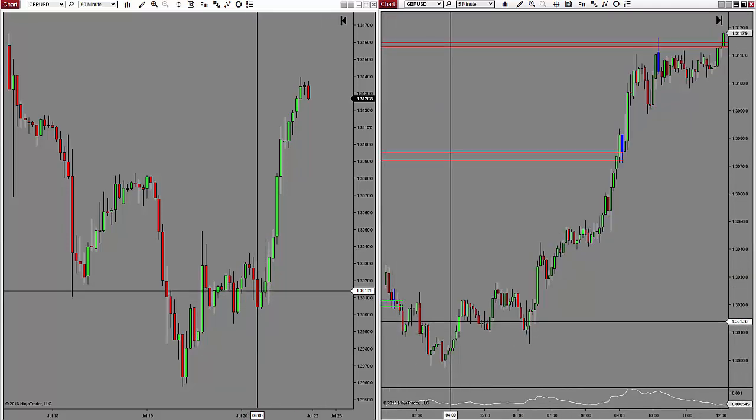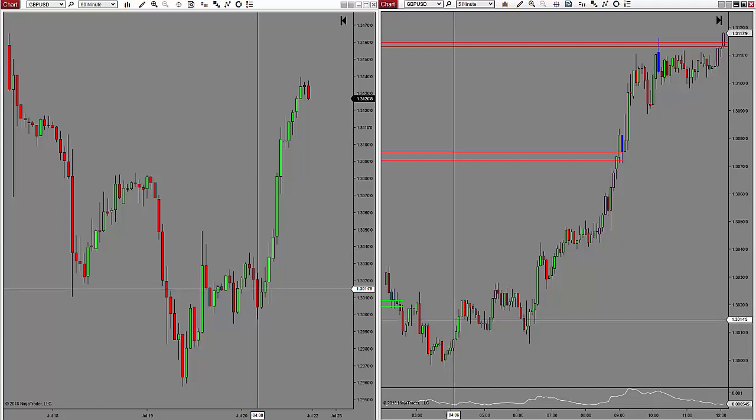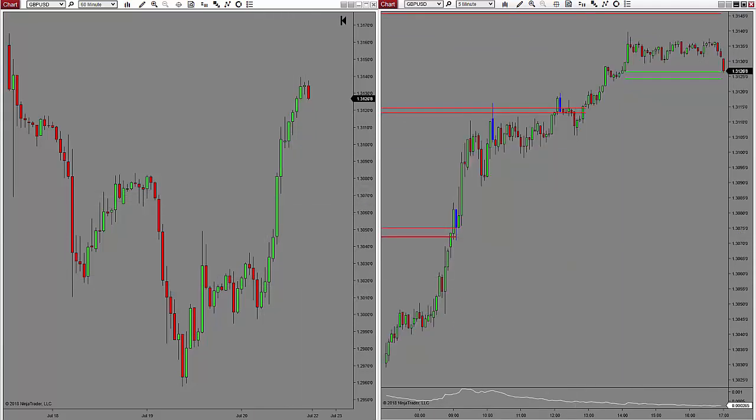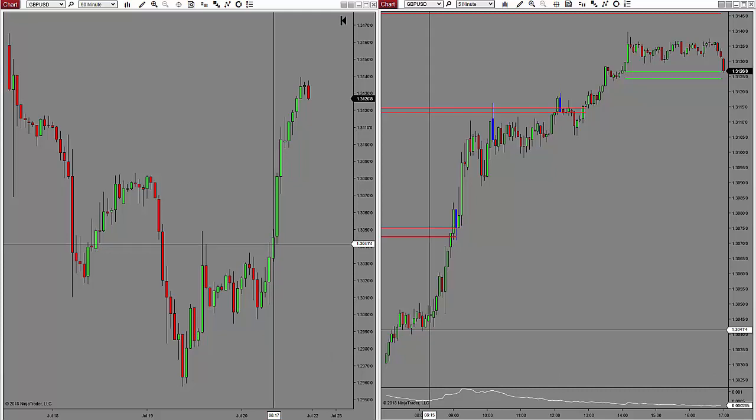Well, I kind of like that. So that's 2 signals inside of one. Now what's that going to do for me? Well, that's going to increase my edge, thereby increasing my probability and increasing my reward to risk, which is arguably the most important aspect of trading.